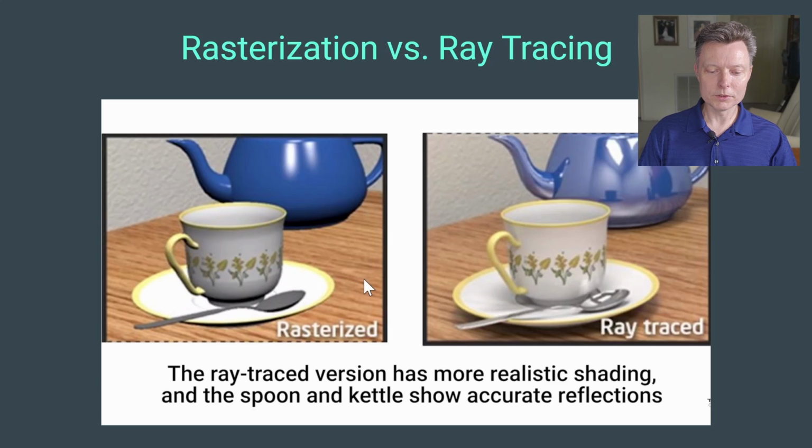But there's a big caveat there in that if you want to include all these realistic effects from ray tracing back in your rasterized version, you have to do a whole lot of work. And you have to have a lot of knowledge about graphics programming to be able to pull something like that off.